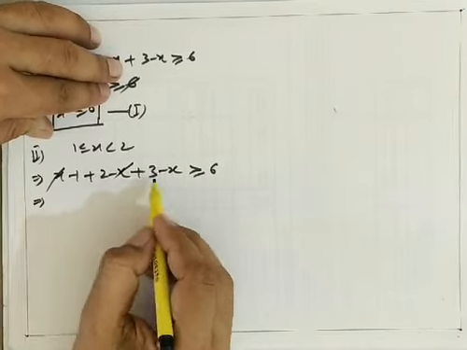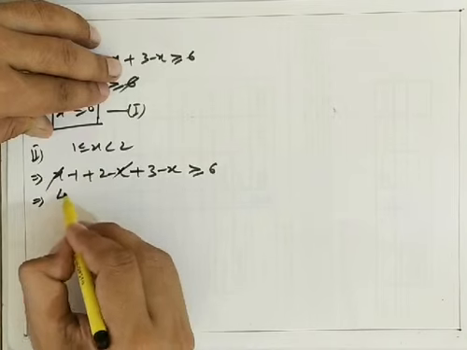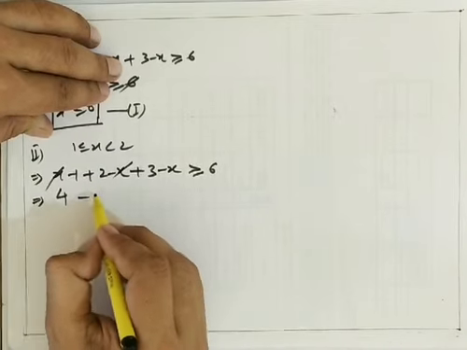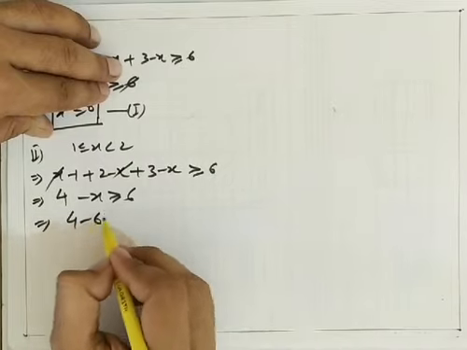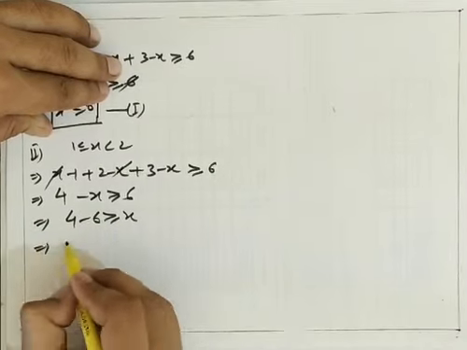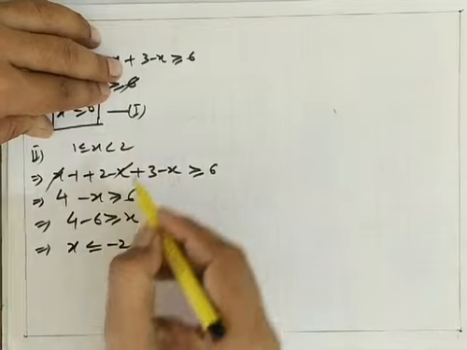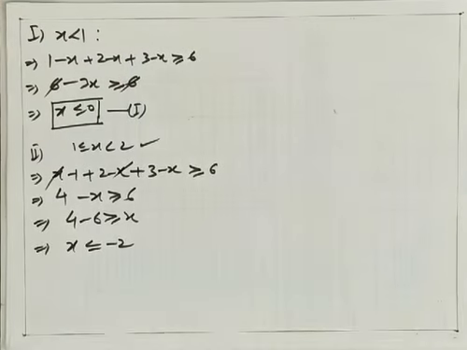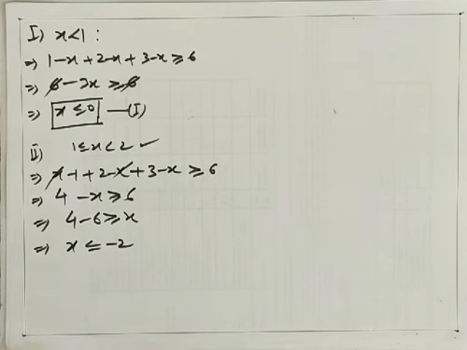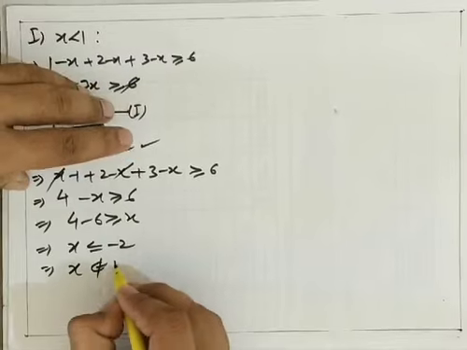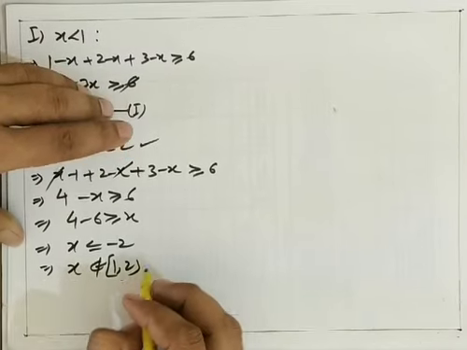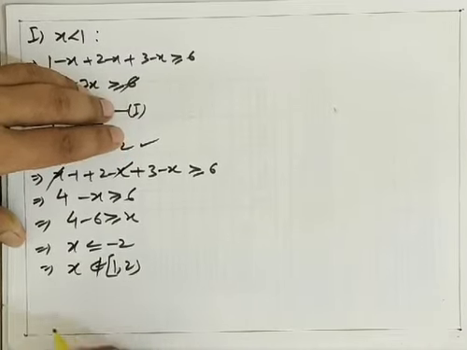Now this will become 4 minus x greater than or equal to 6. So that means x should be less than or equal to minus 2. We can see here the interval was between 1 and 2 and we are getting the answer as less than or equal to minus 2. It is not possible. So the answer to this case will be x doesn't belong to 1 comma 2. In this interval there is no real x possible.